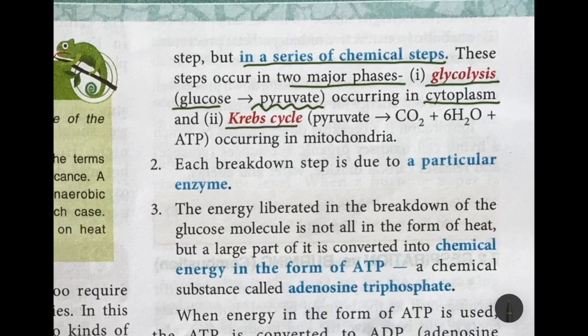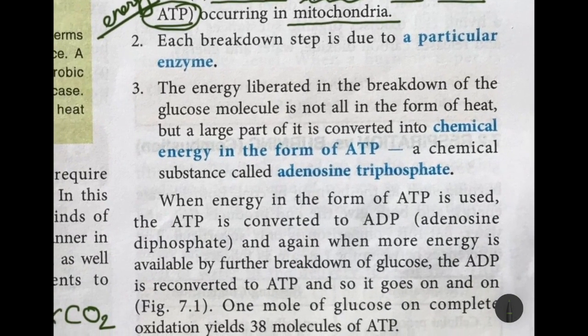Remember, in glycolysis in the cytoplasm, glucose had turned into pyruvate. So now in the Krebs cycle, which takes place in the mitochondria, the pyruvate turns into carbon dioxide, water, and ATP, adenosine triphosphate, that is energy, in the form of chemical energy, produced inside the plant body.